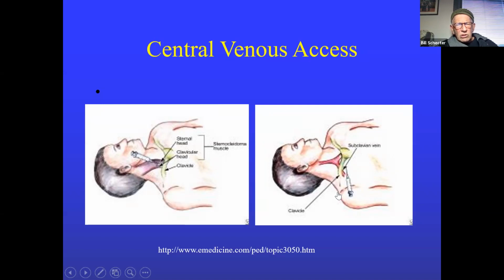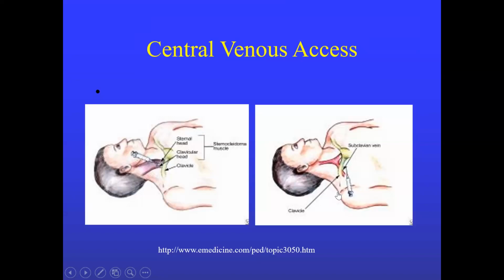If you want to do subclavian catheterization, I think it's acceptable if you've got both of these catheterizations done with ultrasound guidance. And I think using ultrasound guidance is a lot safer than when we were doing them blind, which went on for decades before bedside ultrasonography became available. So it's a lot safer now than it used to be.